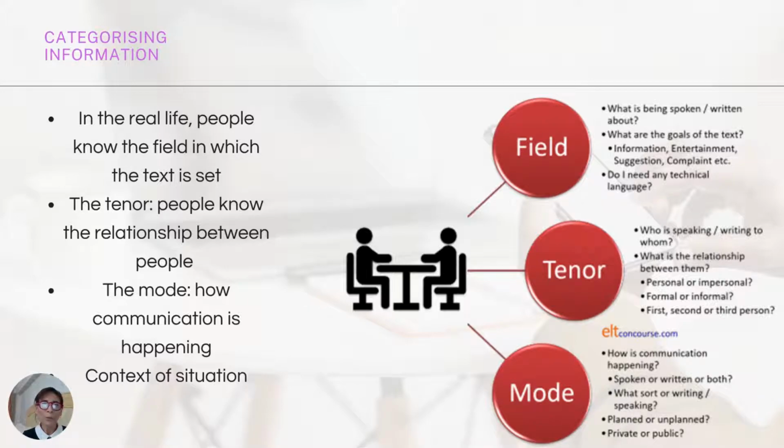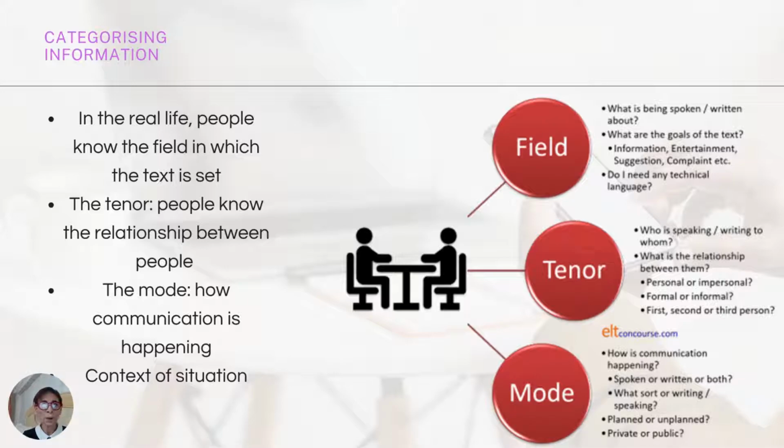In the real world, people are aware of the field in which the text is. People can identify the goals and the kind of language that is necessary to use. The tenor involves the person who is speaking or writing to, the relationship, and the kind of language.